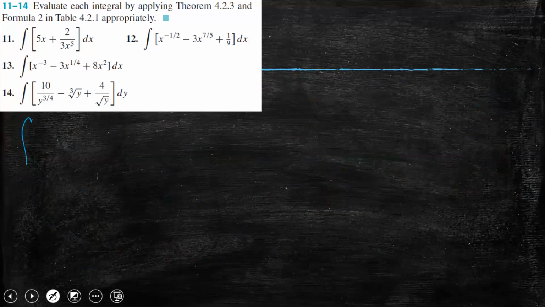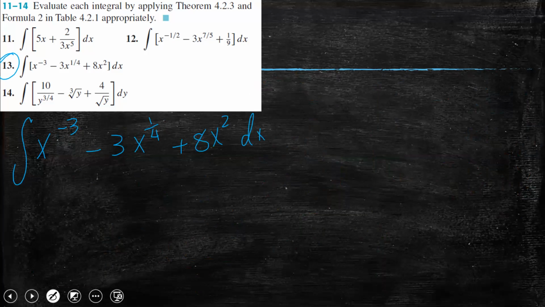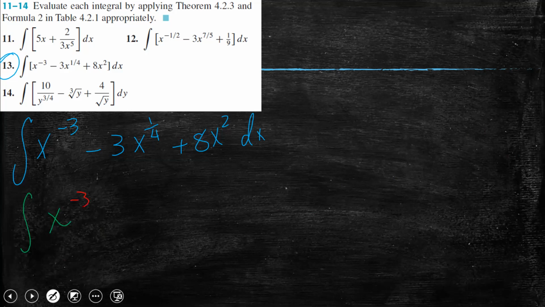In number 13 here, we have the integration of x to the power negative 3 minus 3x to the power 1 over 4 plus 8x squared dx. So it is the integration of x to the power. Now here we have negative 3, so I will write negative 3 plus 1 over negative 3 plus 1, minus 3x.